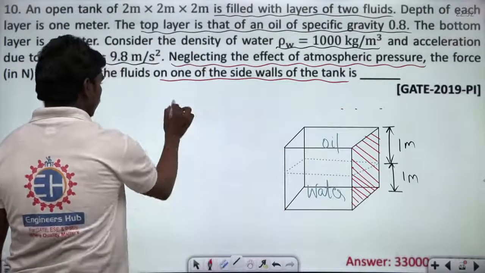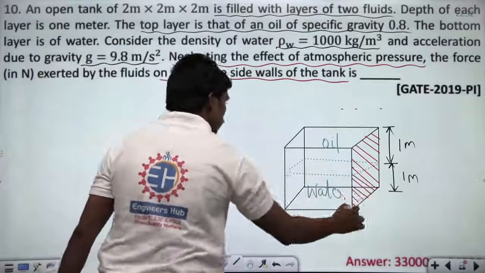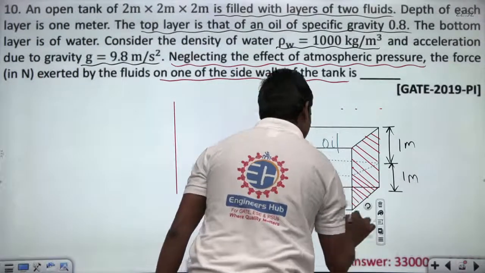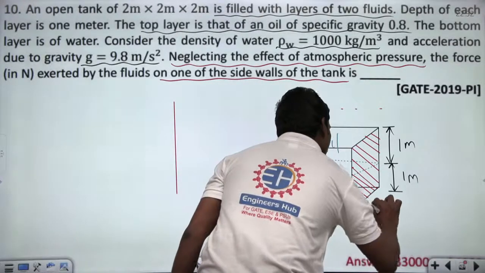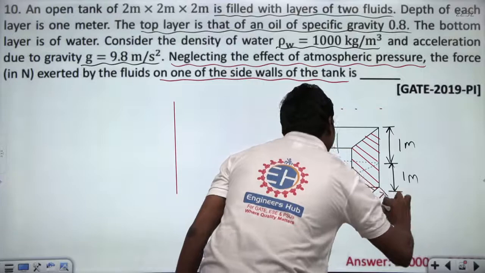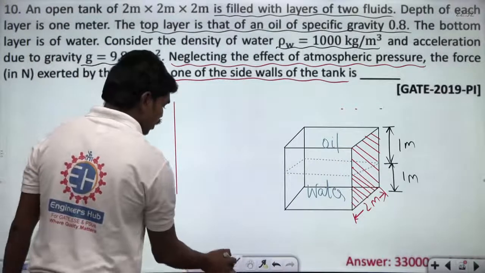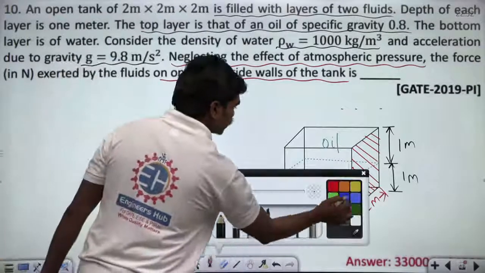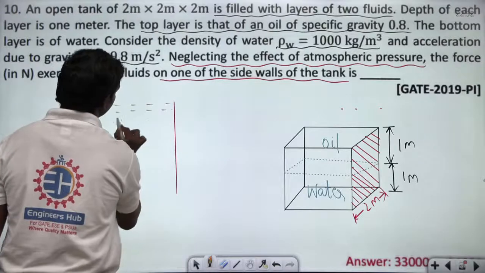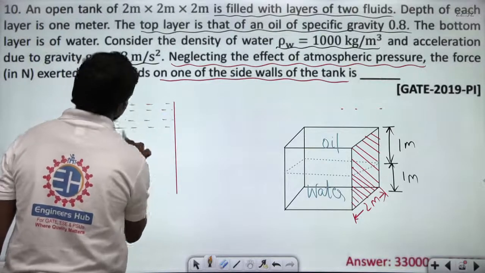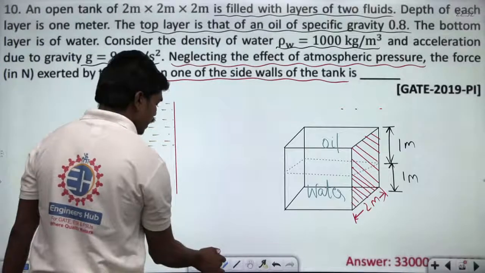Now if I draw this face like this, then of course it has some width of 2 meters. So this is 2 meters, this is the vertical face, and the depth is 2 meters. On this we have oil till 1 meter. This is some oil whose density is a bit less comparatively, and this height is 1 meter.